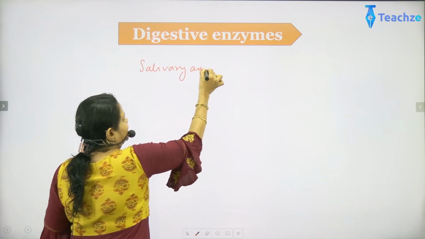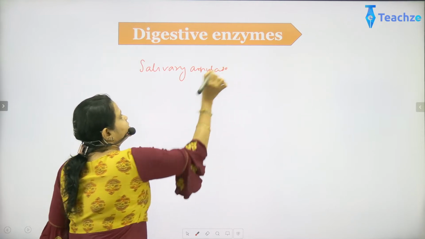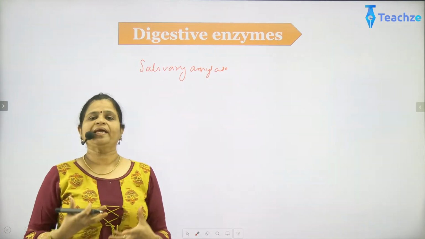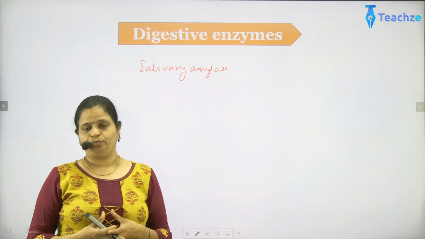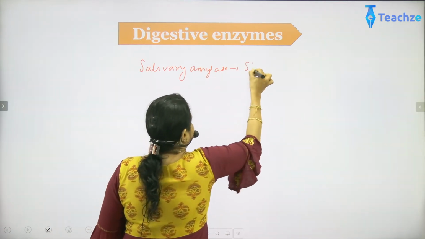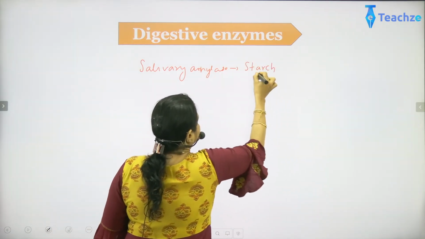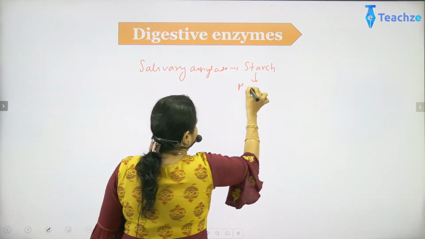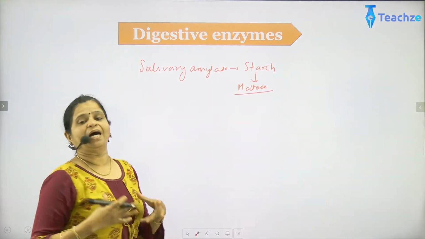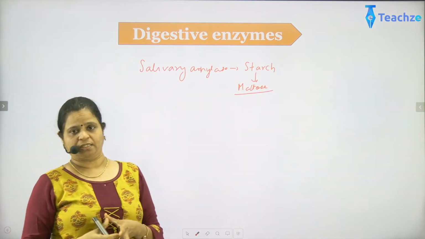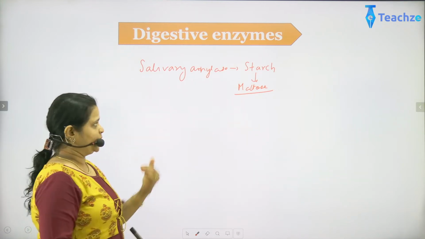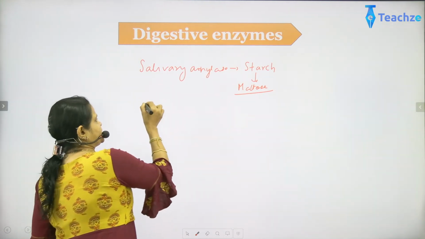This salivary amylase works in a neutral to alkaline medium, so it cannot handle acids in the mouth region. Salivary amylase will convert the starch, that is the complex carbohydrate, into double sugars like maltose. So the process of digestion is only partially completed at this particular junction. Maltose is a double sugar. Coming to the next one, we will talk about the stomach region.